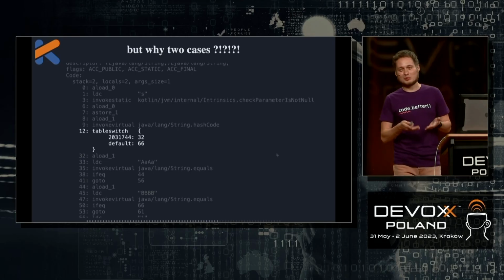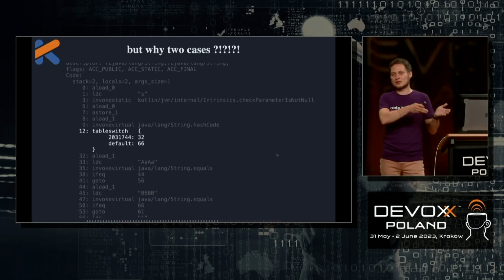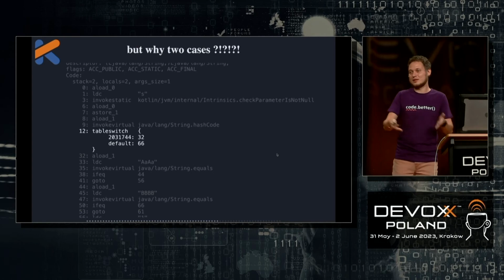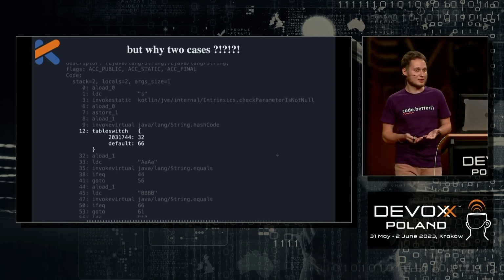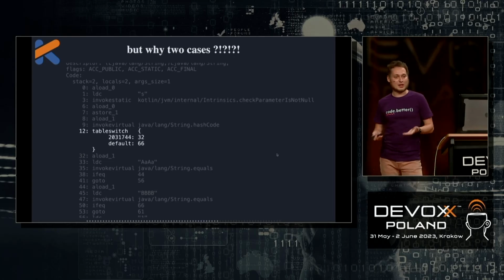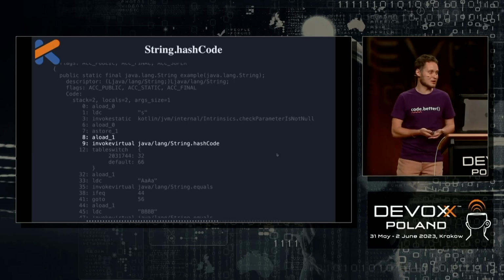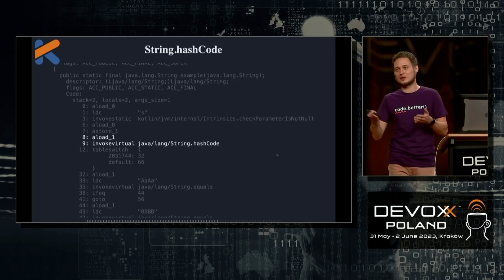One of the ways to implement switch by string is to do a series of if something equals something, then else, if something equals something else, then. This is inefficient. This is slow. The better strategy is to first do a switch by hashcode. With high probability, all the strings that we list are going to have different hashcodes.